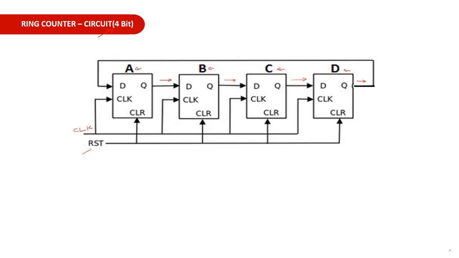Now here you can see we are giving the reset pin. We already discussed the use of the reset or clear pin and the preset pin. Suppose the data present at the input of the first flip-flop is 1, then when the next clock pulse comes, this 1 will be shifted to the next flip-flop, and this goes on.